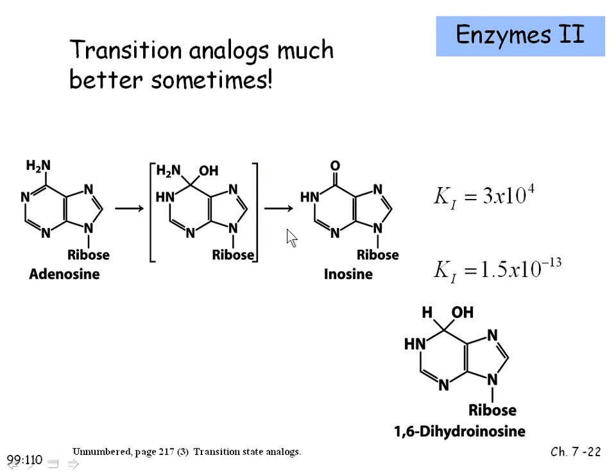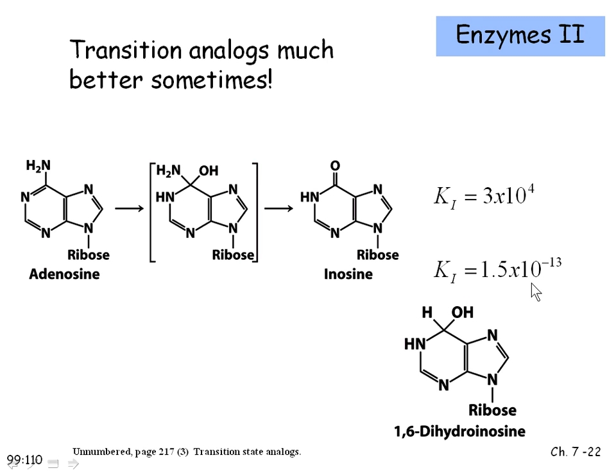So you can kind of imagine it looking like that. The inosine can act as a product inhibitor, but this compound, which is an analog of the actual transition state, has the carbon in that tetrahedral shape, and it is inhibitory with an inhibitory constant of 10 to the minus 13.